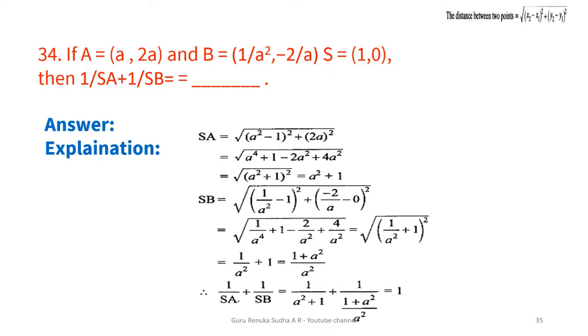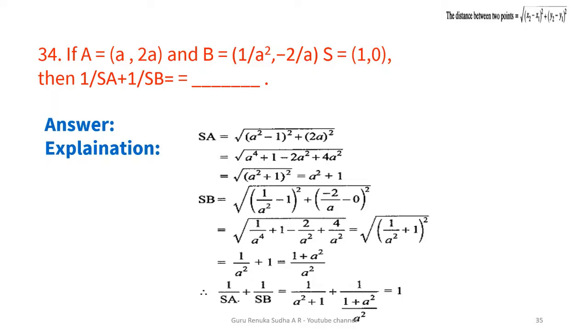Then I substituted that value, taken the LCM and then cross multiplied. Then you will get the answer. 1 by SA plus 1 by SB is equal to 1 by A square plus 1 plus 1 by 1 plus A square. So after cross multiplying that, you can get the answer.